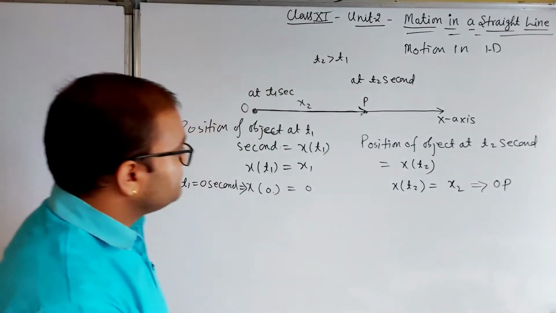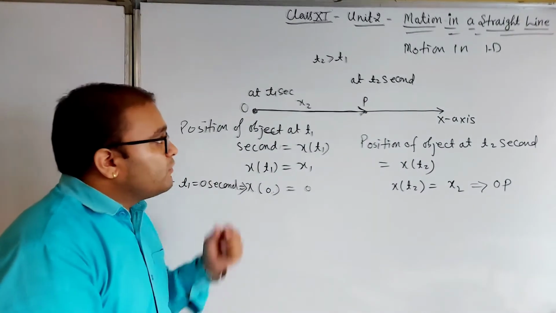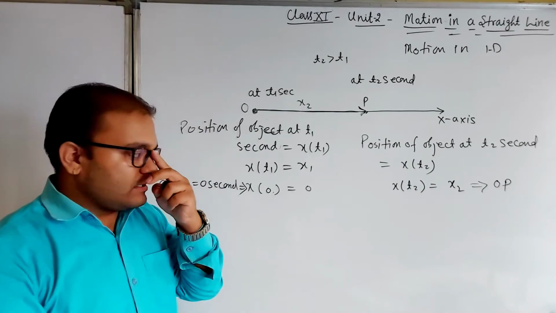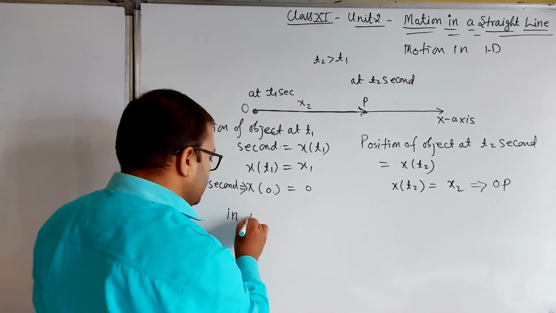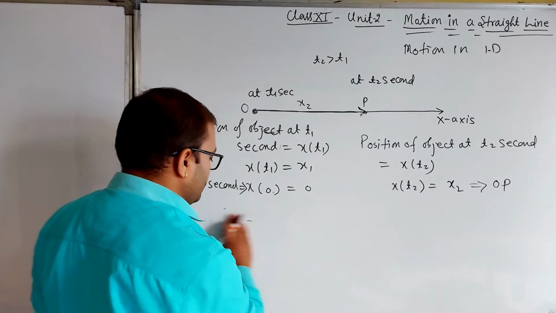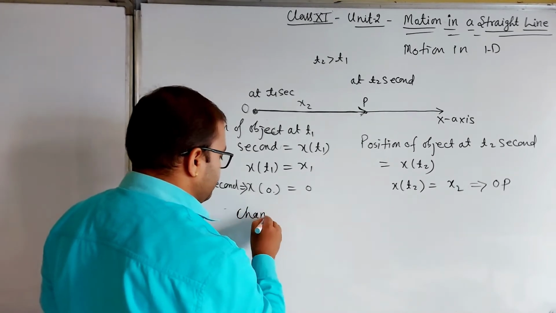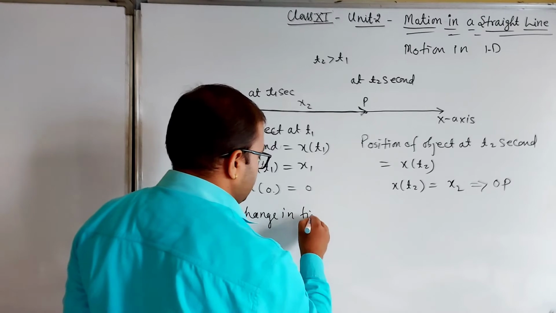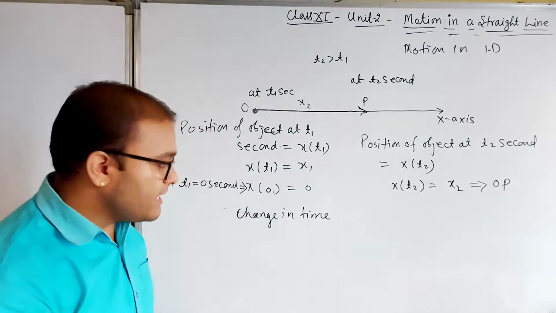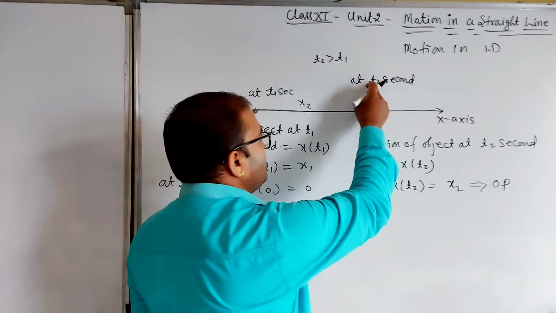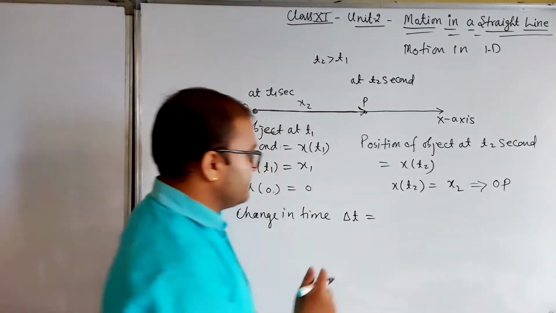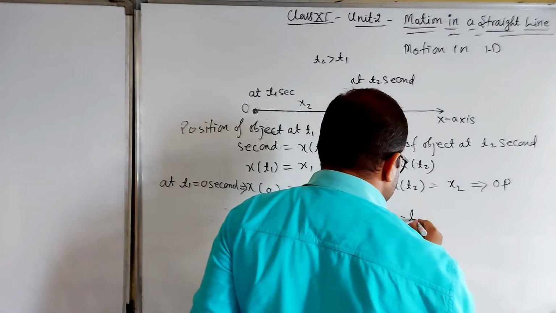Now what is the change in the object position? We can write here delta, change in time. We can define change in time as delta t equal to final time minus initial time, means t2 minus t1.